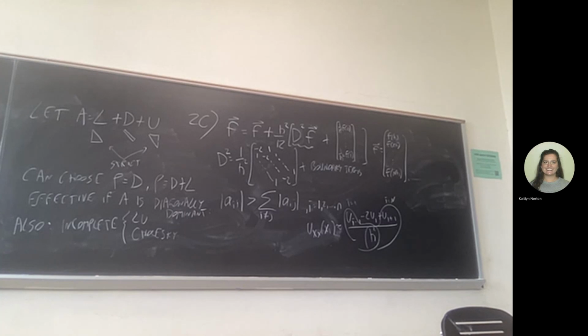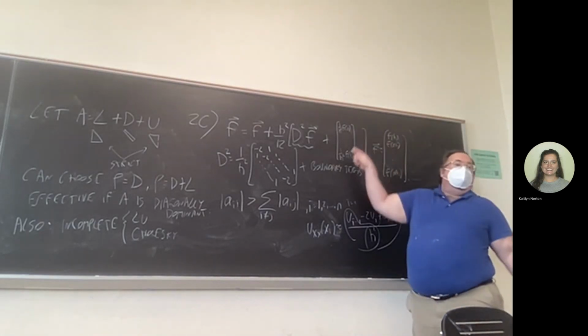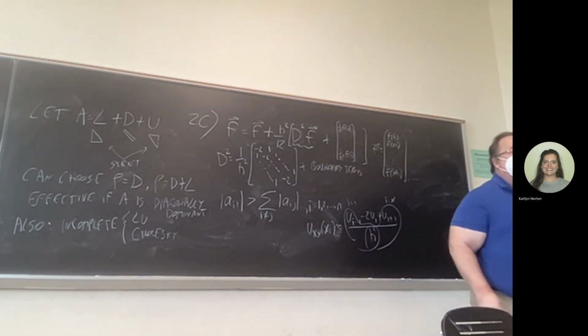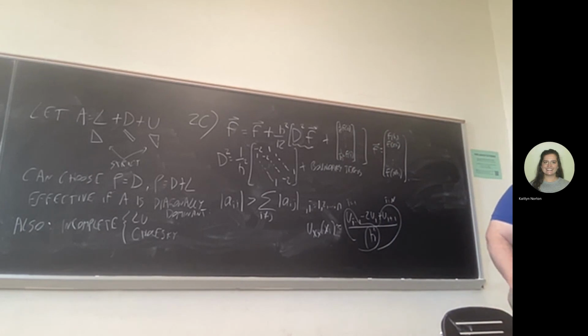I don't see where you multiply by h squared over 12. Yes, for the interior part. But I don't think you multiplied this part by h squared over 12.